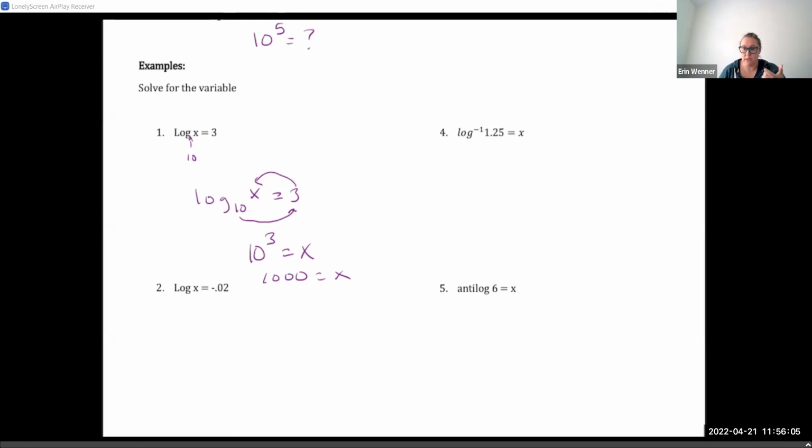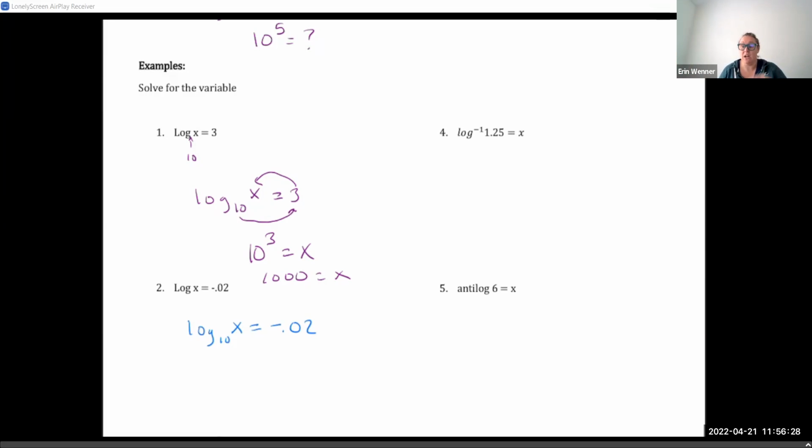So to undo this, we have to use 10 because 10 and log are opposites of each other. So again, rewriting it, we're going to say log base 10 of x equals negative 0.02. Now, because the negative number is on the right-hand side of the equal sign, it's away from the log, so it's okay.